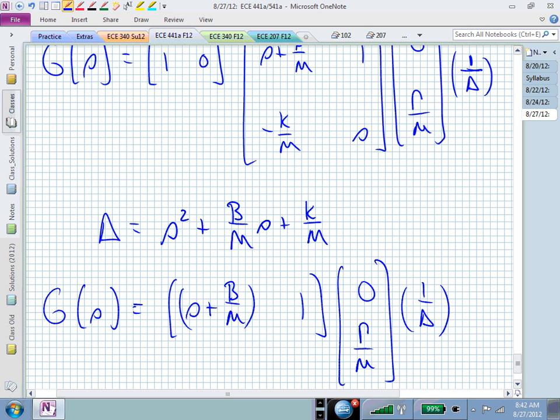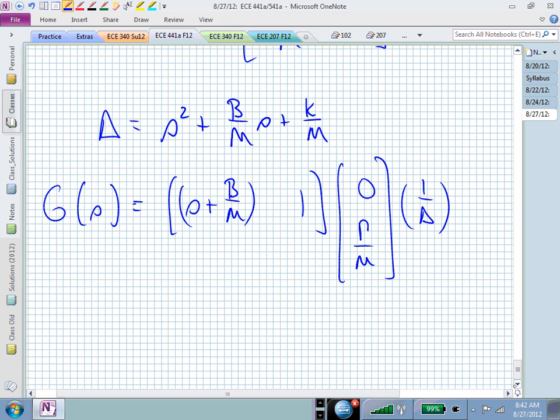But now if I use the same argument, when I post-multiply by this vector, I'm saying I don't want anything to do with the first column, and all I want to do is pull off gamma over M times the second column, and that's pretty easy to do. 1 times gamma over M gives me gamma over M. That product then simplifies to just gamma over M divided by the determinant.